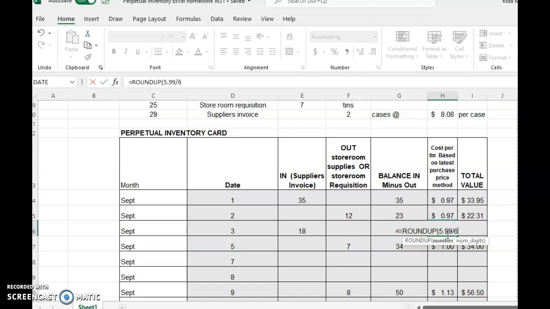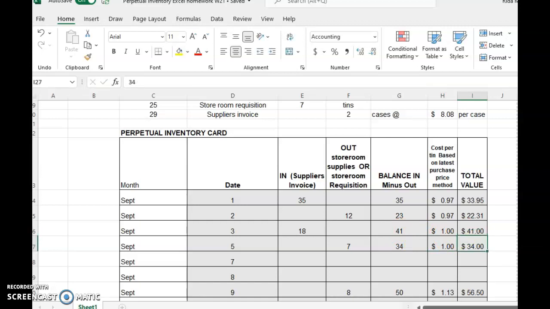So we put a comma and then 2 and close the bracket, and when we press enter we get 1 as our price per tin. Then if we multiply that per tin, we get 41 as the total value, and that's the total value.